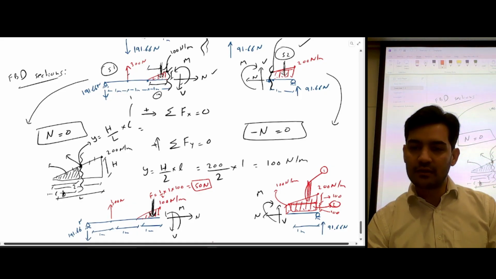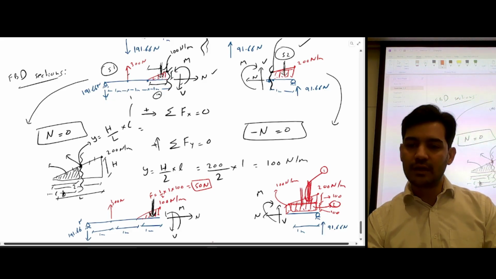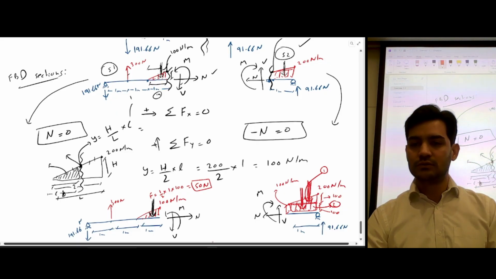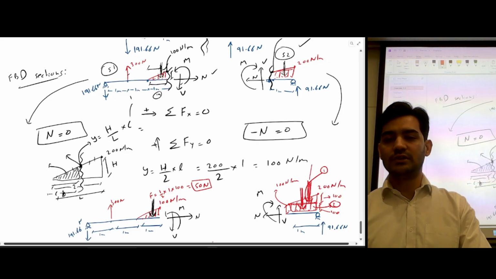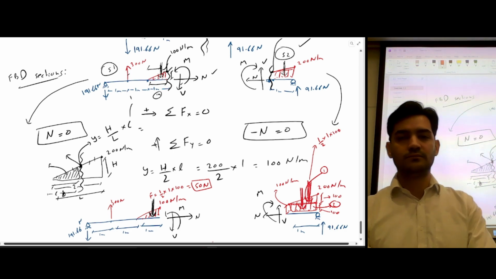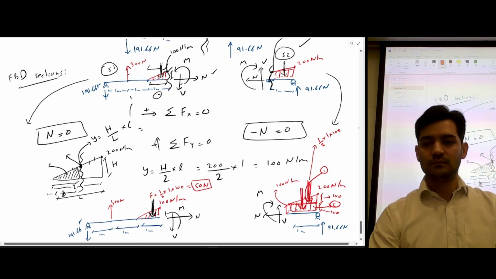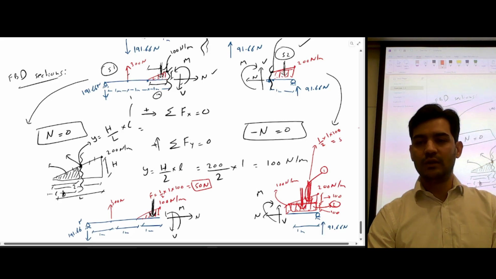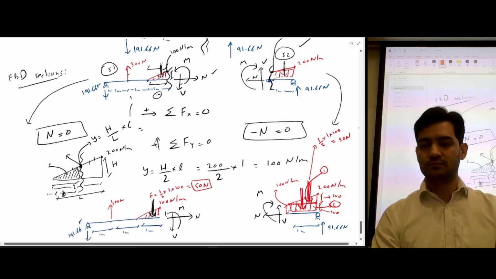So for the triangle, this is going to be the resulting force, and for the rectangle, this is going to be the resulting force. Let's calculate the resulting force for the triangle. It's half into length. Length is 1, and height is 100, so we get 50 Newton.